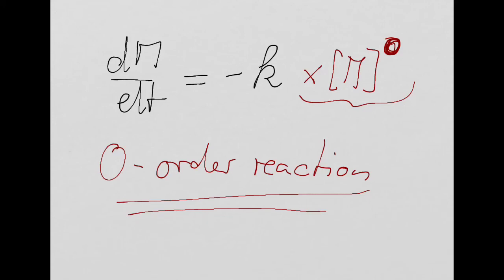So we have two cases. We have a zero-order and we have a first-order reaction. Now you could say, who gives, again, a flying Malteser? Okay. The difference is, for a zero-order reaction, let me try to draw that.